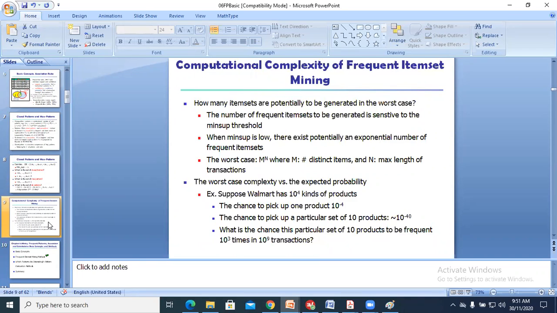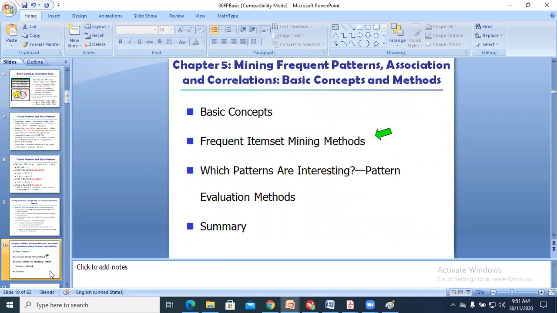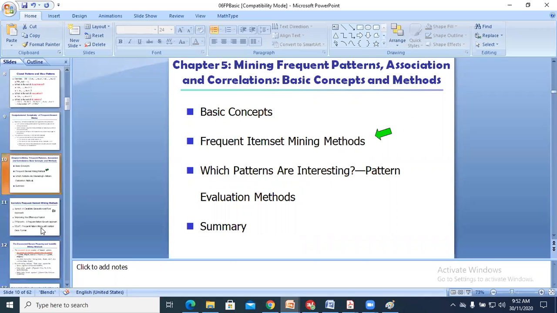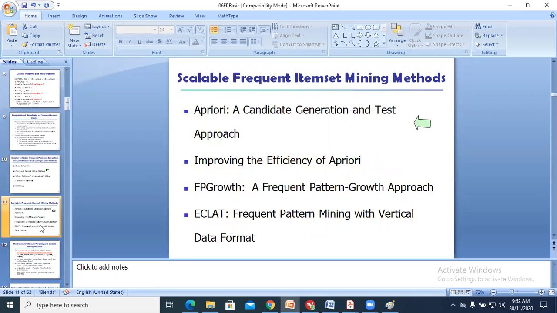So there is the computational complexity of frequent item set mining. In order to resolve this complexity, we will study the frequent item set mining methods.